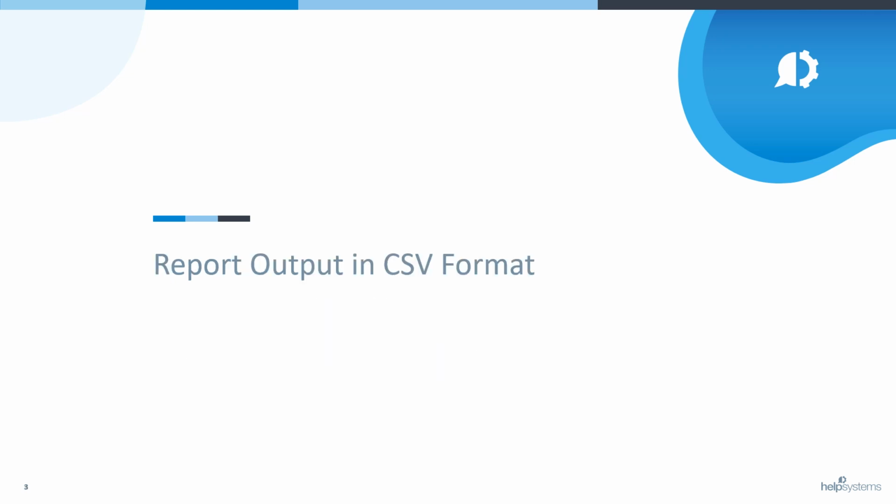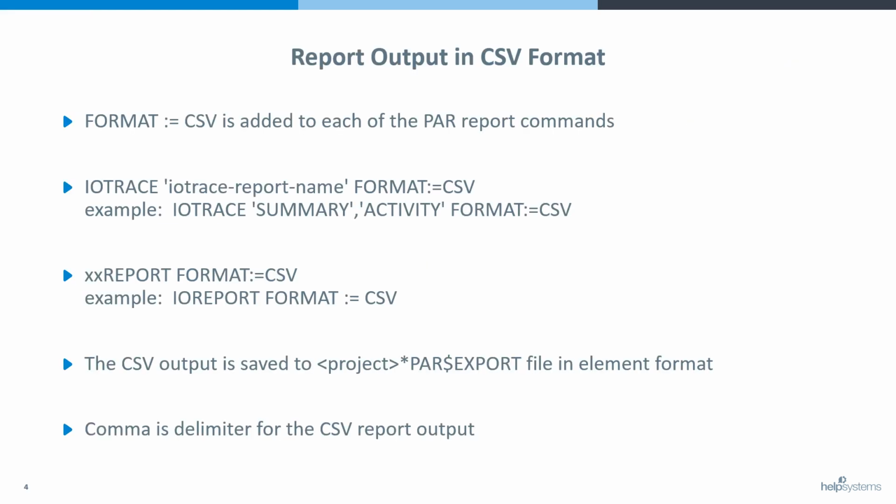In this release, you can now generate a set of PAR reports in CSV format. This allows the user to export the CSV report format to Microsoft Excel. We have added a new parameter format to the end of each of the PAR IOTrace and zip report commands. This allows the user to specify that PAR should generate the report in either legacy print$ or CSV report format.